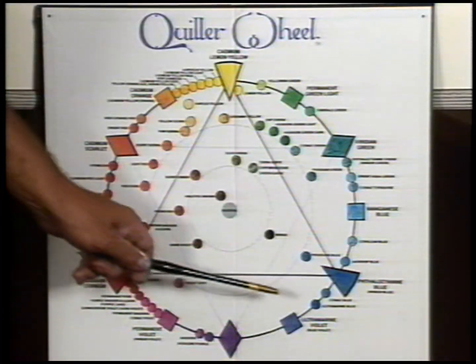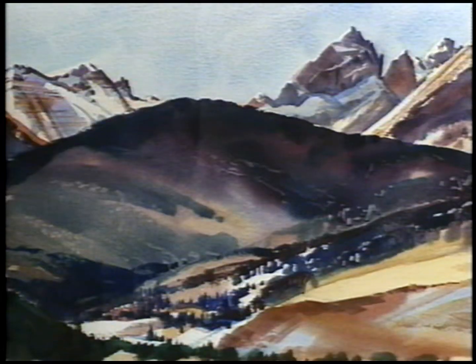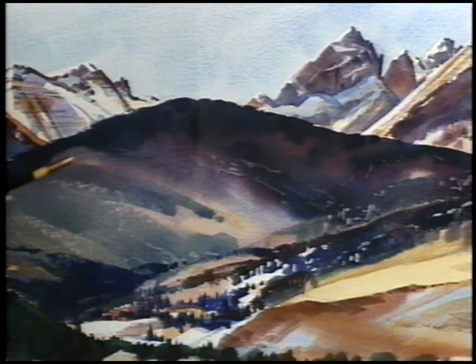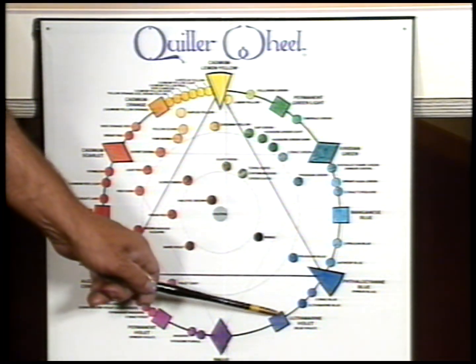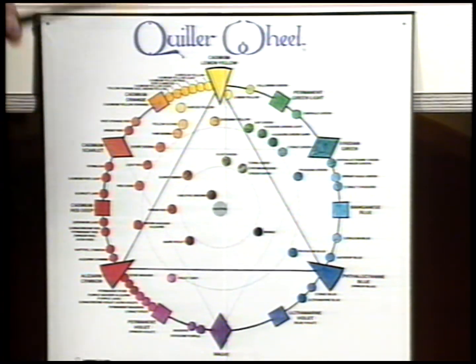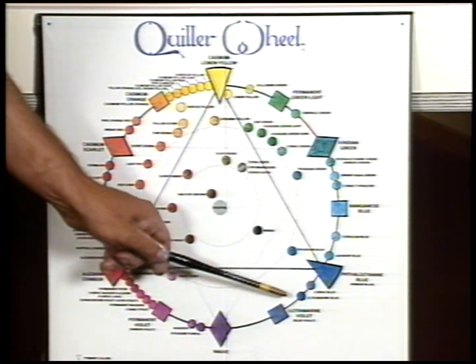It's a transparent watercolor, so I was using the ultramarine violet for my main key or dominant color. All the colors that are in this composition derived from that color. And I moved to the triadic mixes, and I moved to the complementary mixes, and I moved to the analogous mixes on either side.